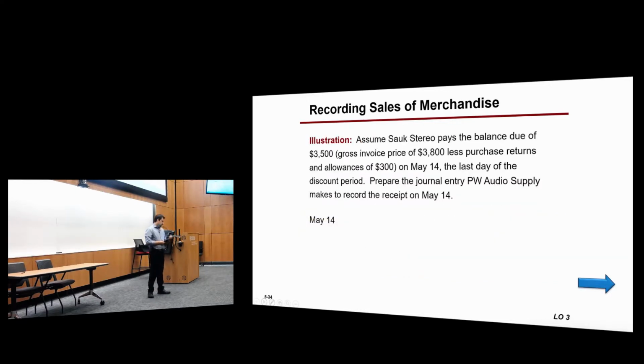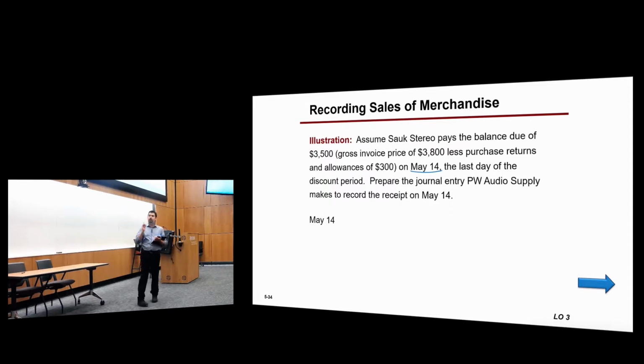So, assume Subscale pays the balance due of 3,500. It was 3,800. We subtracted the 300 that were returned. On May 14th, the last day of the discount period. Remember that in the homework or the exam, you might not be told that this is the last day of the discount period.